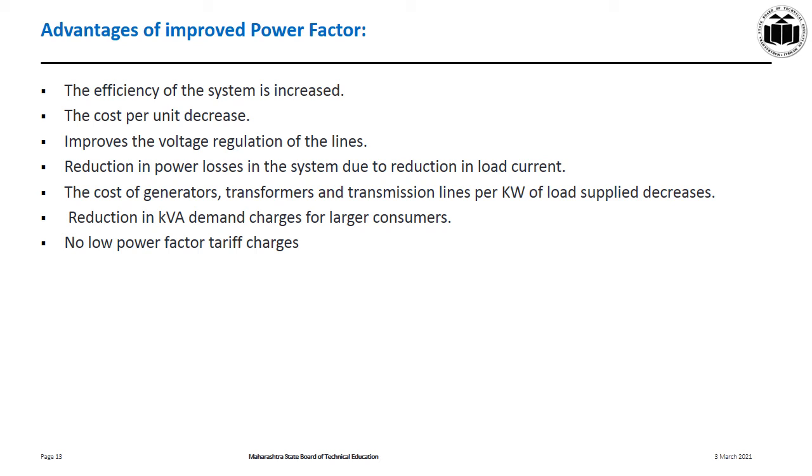It will improve the voltage regulation of the line, and it will result in the reduction in the power loss in the system due to the reduction in the load current, and the cost of generators, transformers and the transmission lines per kW of load supply decreases. Also, reduction in kVA demand charges for larger consumer, and no low power factor tariff charges. So these are the advantages of improved power factor.